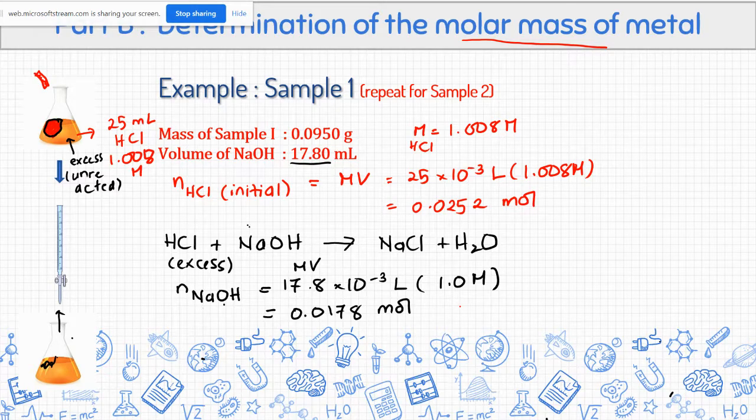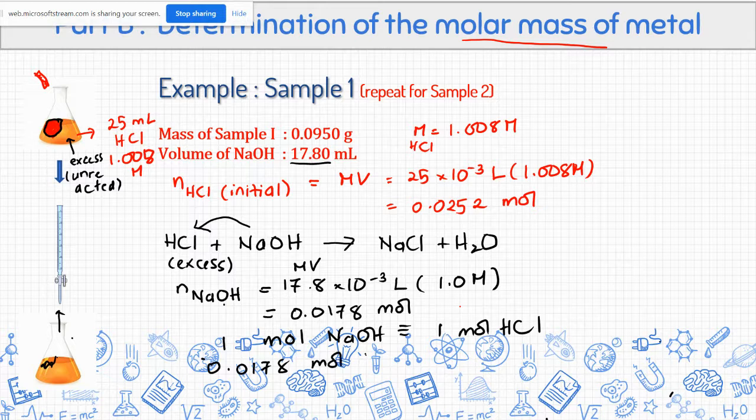So from NaOH, we can calculate the number of mole of HCl. 1 mole of NaOH reacts with 1 mole of HCl. So if we have 0.0178 mole of NaOH, that will give you the same amount of HCl. So this is the HCl in excess.